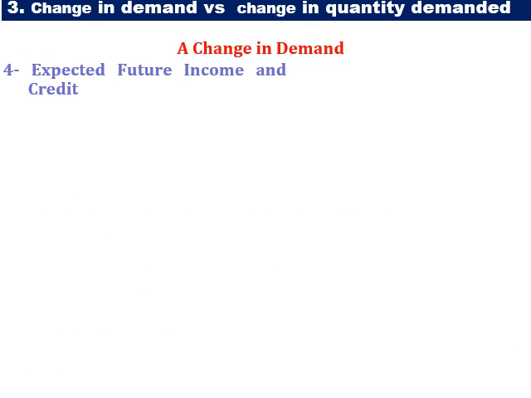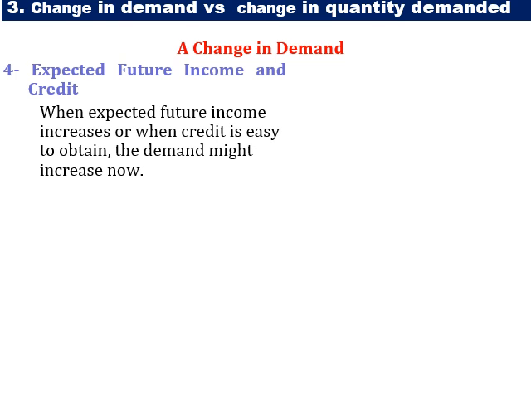The fourth factor that will lead to a change in demand is expected future income and credit. So when people expect that they will have higher income in the future, or if they can get credit from banks easily, then they can increase their demand for different goods and services. And of course, in this case, the demand curve will shift to the right.